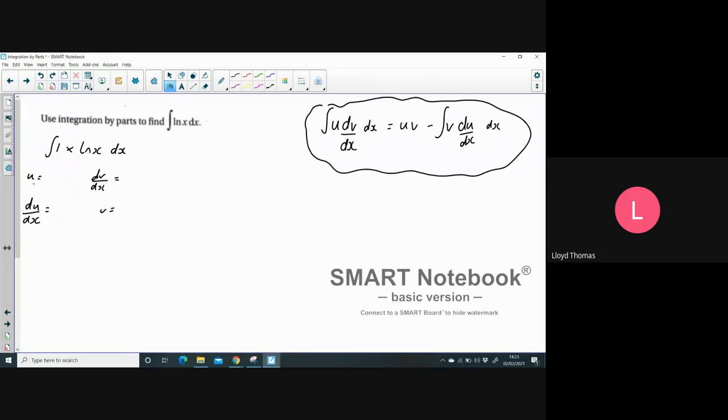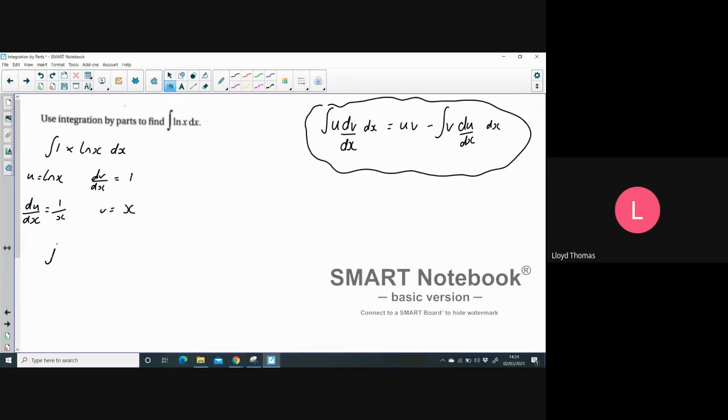So again, we need to choose carefully. I should put ln of x as u because I know how to differentiate it, but I wouldn't know how to integrate it yet, and I'm going to put 1 as dv by dx. Okay, so differentiating this, that's 1 over x. Integrating 1 is x. Just bring the letter in.